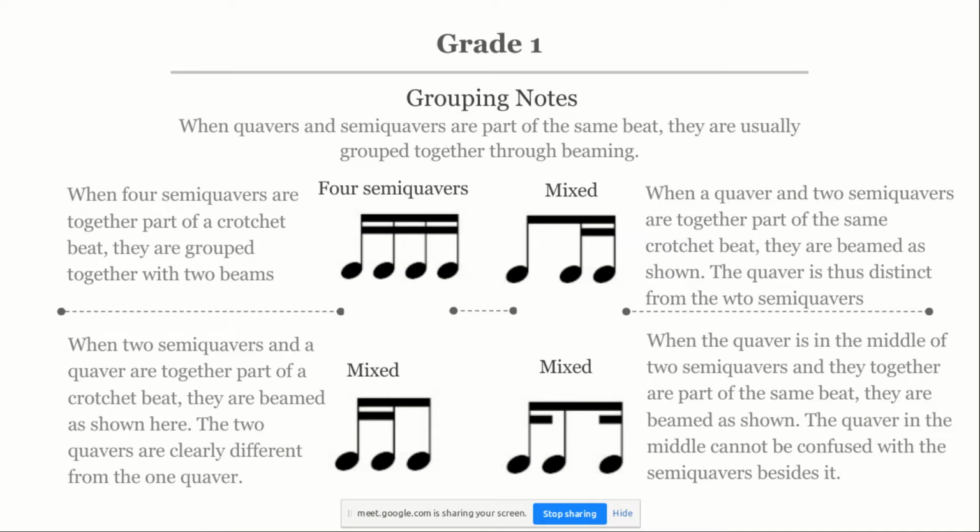It will not meet the quaver in the middle, and the semiquaver on the right will also go halfway. So you have something that looks like this, and you can clearly see that the first one is a semiquaver, the one in the middle is a quaver, and the other one on the right is a semiquaver. But all these make up a beat. They make up one crochet. 4 semiquavers, 1 crochet. Quaver and 2 semiquavers, 1 crochet. 2 semiquavers and quaver, 1 crochet. Same thing here.